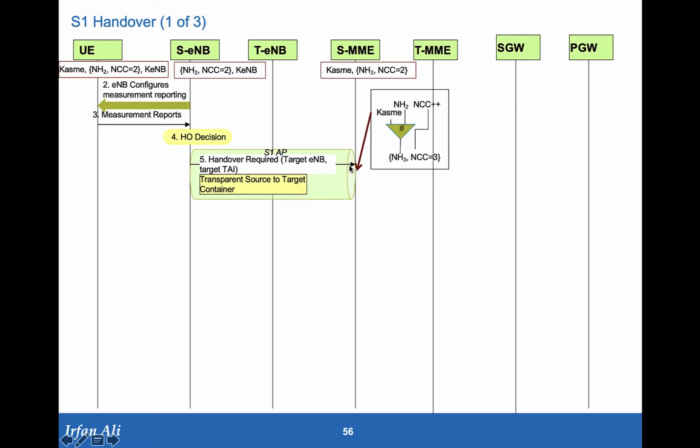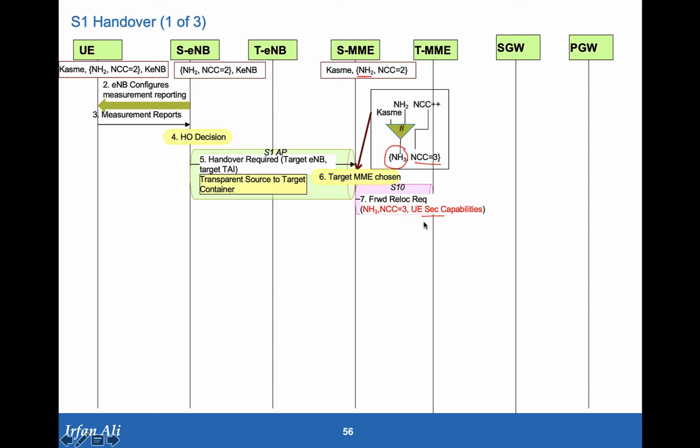Once it comes to the source MME, it knows that this is a handover and it needs to compute a new next hop parameter, which it does from NH2, which is the previous one that it had, and the NCC count is increased to 3. It provides this NCC count over to the target MME after it selects one, and it also provides the UE security capabilities to the target MME.